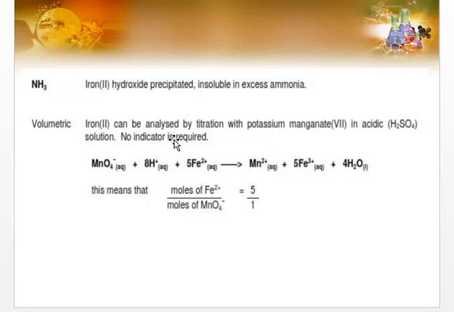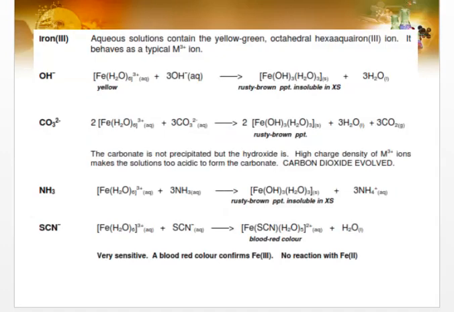In aqueous solutions, ferrum 3+ solutions contain the yellow-green octahedral hexaaquairon(III) ion. It behaves as a typical metal 3+ ion. From yellow we go to the brown precipitate, insoluble in sulfites.